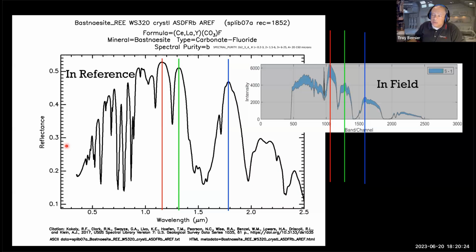Now, do realize that the visible spectrum is here, going into the near infrared, then moving further deeper into infrared and further down the spectrum. And these are in, I want to say, nanometers. You can see this is what we would call a signature for this mineral. If we looked at other minerals, they would look different, but they all have a unique pattern with them.